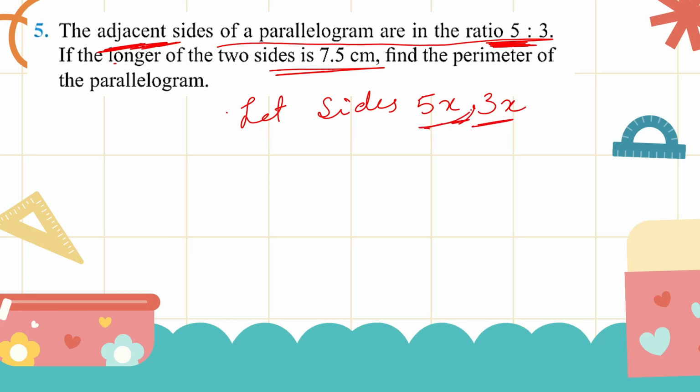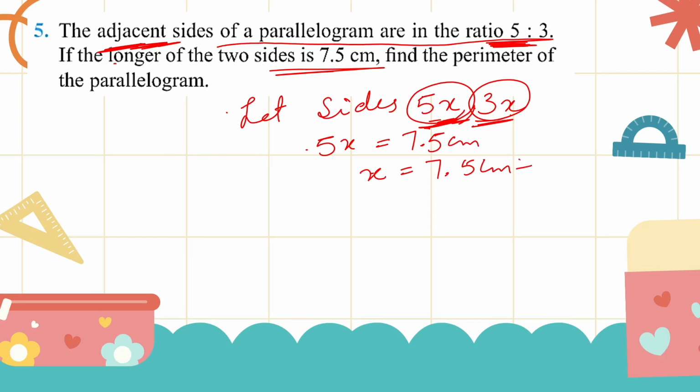Now which one is longer? If we are multiplying a number with 5 or multiplying with 3, obviously if we are multiplying the same number by 5, that is the longer side. The longer side is also given, it means 5x equals 7.5. So from here we can find x. x is 1.5.